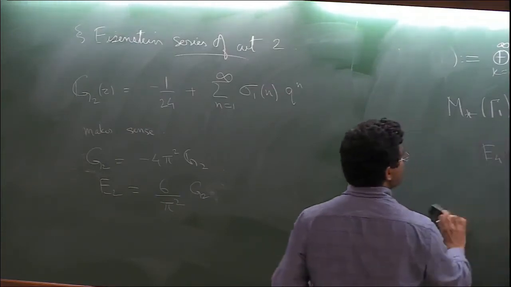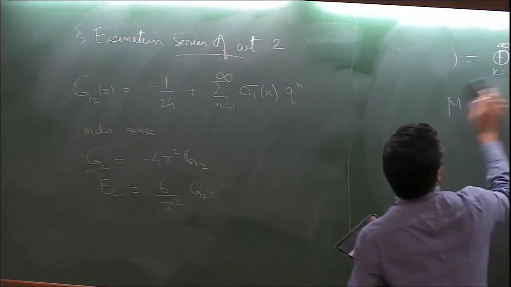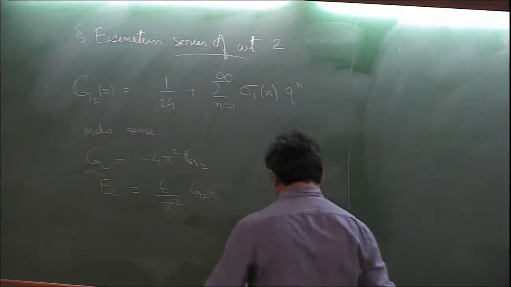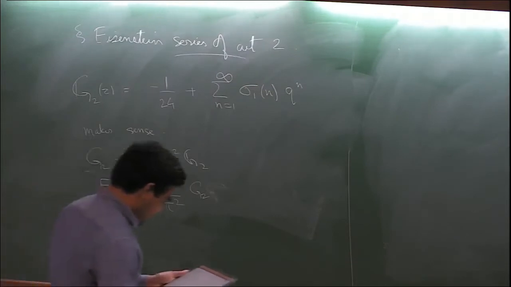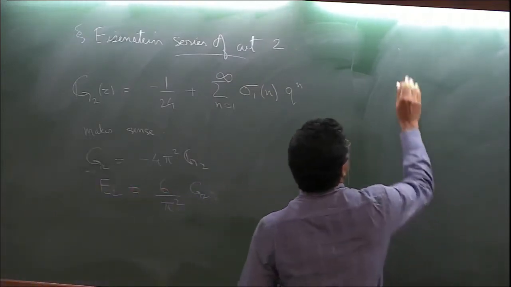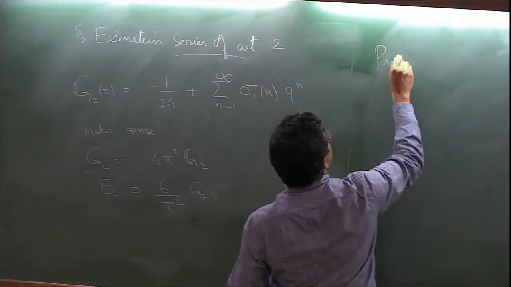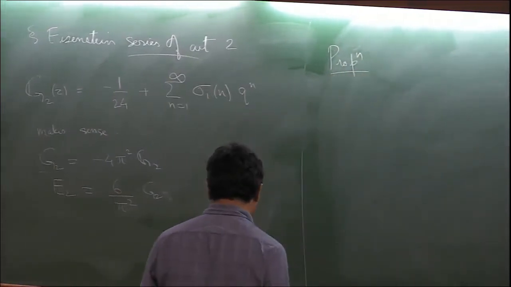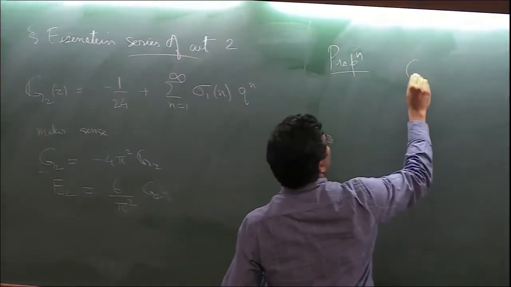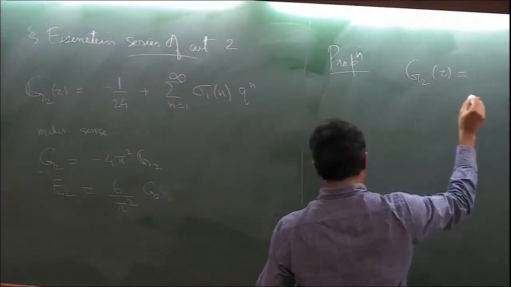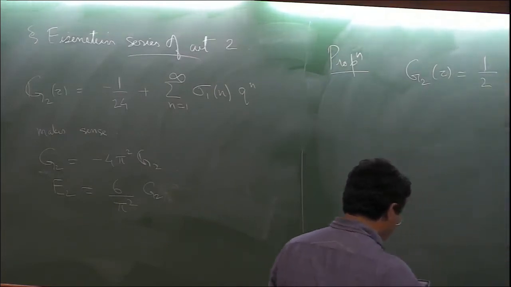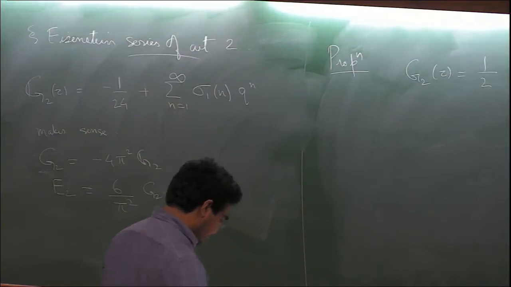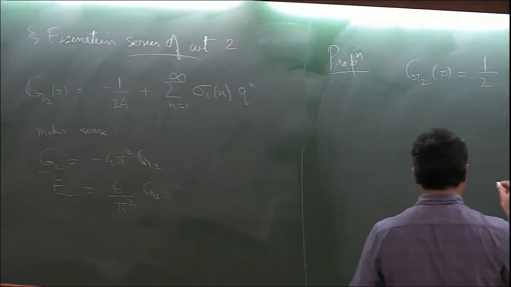So these make sense. Here's a proposition that I think should be attributed to Hecke. G2 of Z is a half times the sum over n not equal to 0 of 1 by n squared, plus the sum over m not equal to 0, sum over n in Z, of 1 by (mz plus n) squared. You can write it in terms of this lattice expansion if you are careful with your summations.